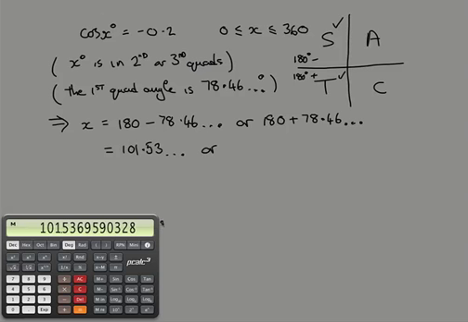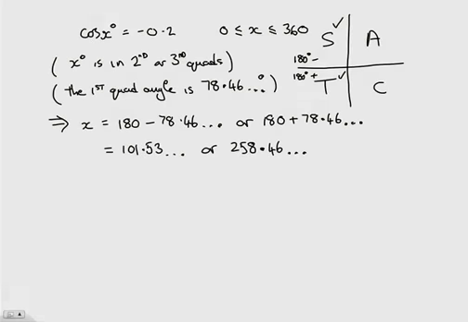Or, we now want to do this calculation, 180 plus the first quadrant angle. So I'll clear the display, 180 plus recall memory, there's the first quadrant angle, and that gives me 258.46, and so on. No approximation at this stage. So let's get rid of the calculator now.